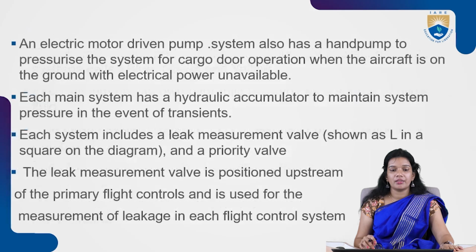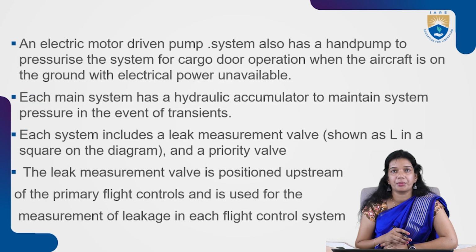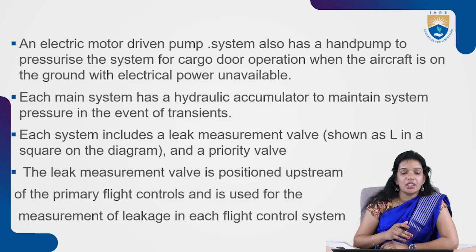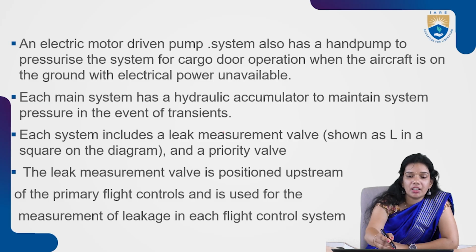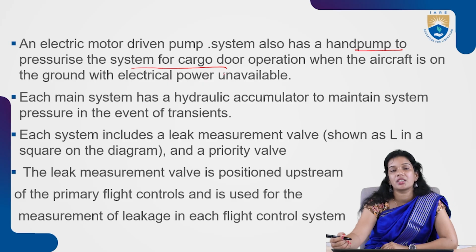Then this electric motor driven pump system also has a hand pump to it, right? Hand pumps are used mostly where you have to do cargo door operation, on the ground. So this particular electric driven pump has a hand pump to pressurize the system for cargo door operation when the aircraft is on the ground and you don't have electric power sources, right?